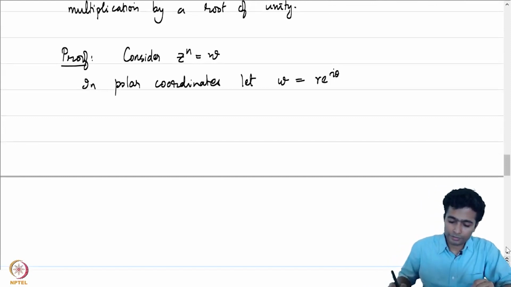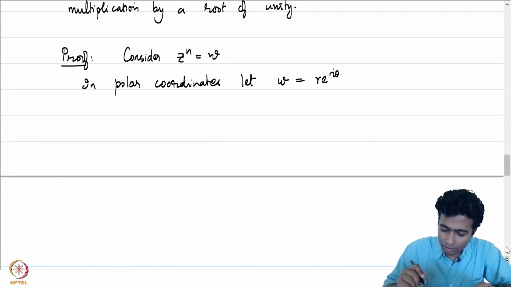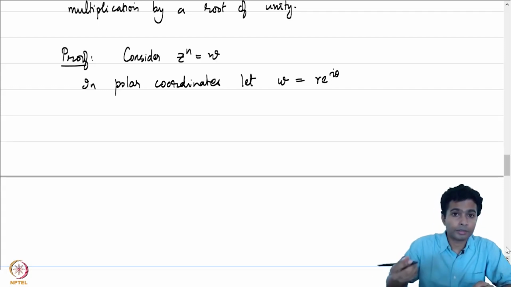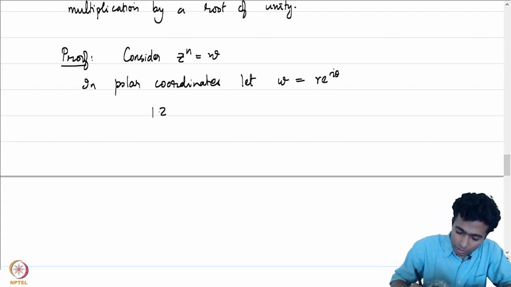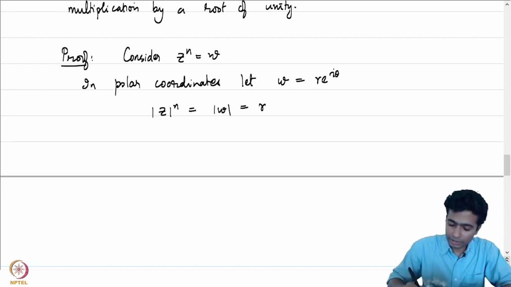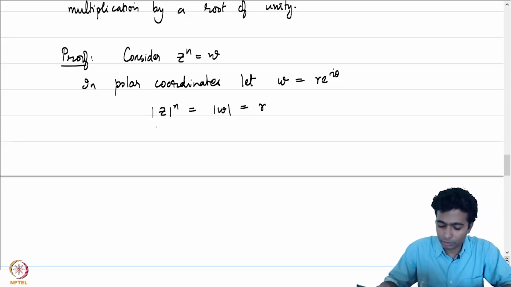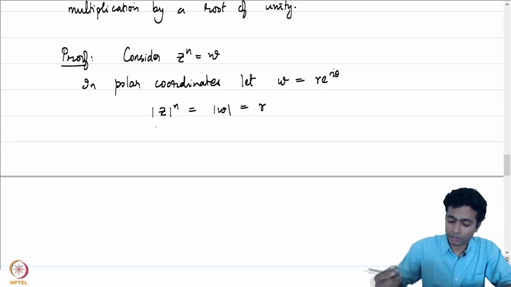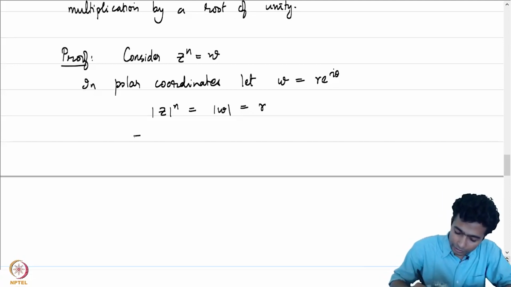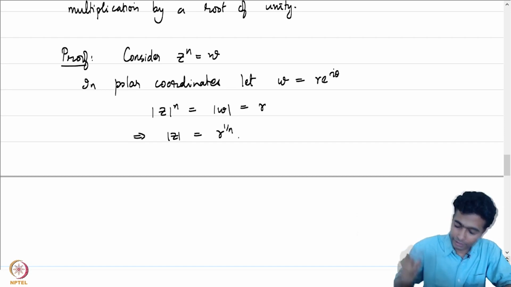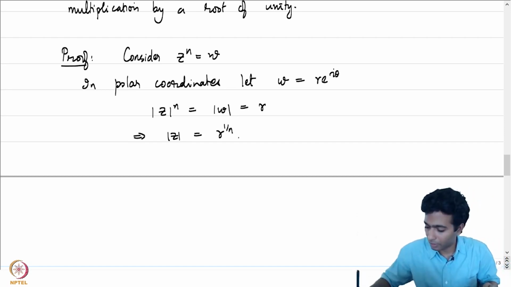Then, by a very similar argument, mod z to the power n will be equal to mod w, which is equal to r, and we know that there is exactly one positive nth root of a real number, which is the nth root of r. So this gives that mod z is equal to r to the power 1 by n. This much is certainly clear.